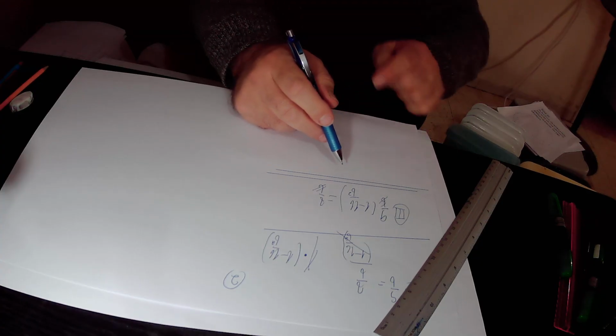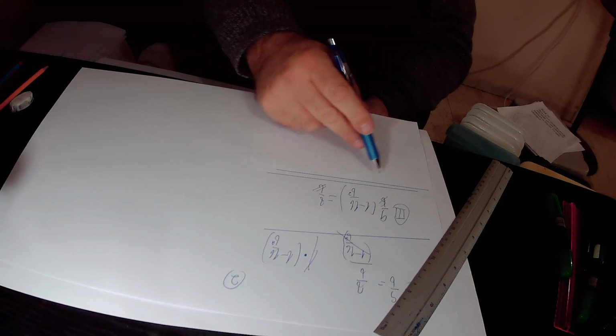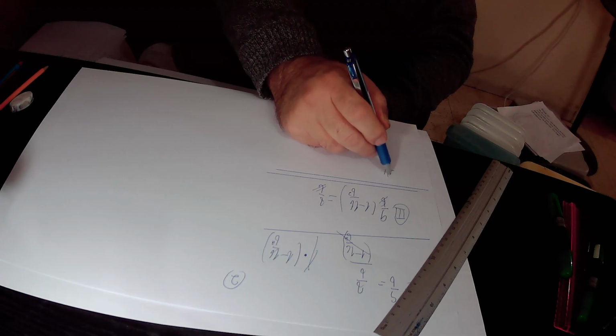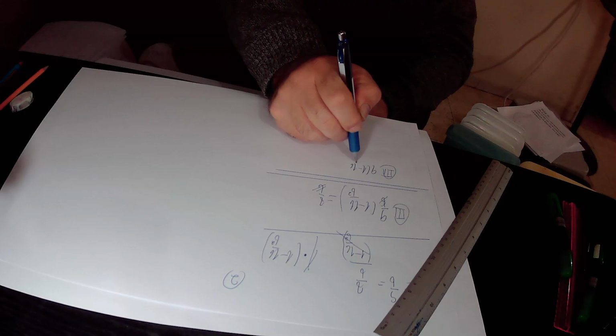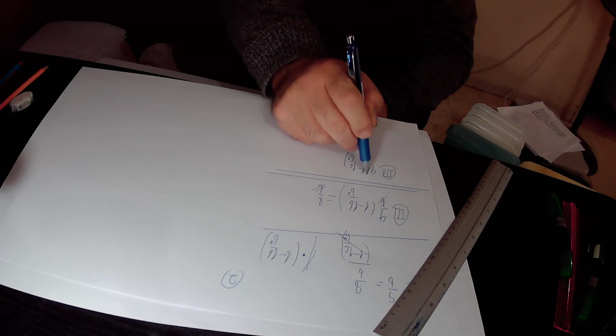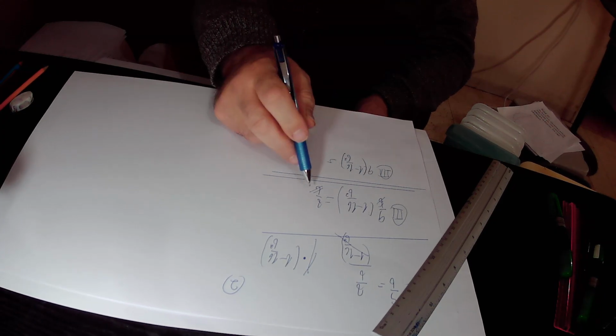This side of equation 3 we are left only with 9 times 1 minus 16 over B squared, and on the other side we are left only with 8.